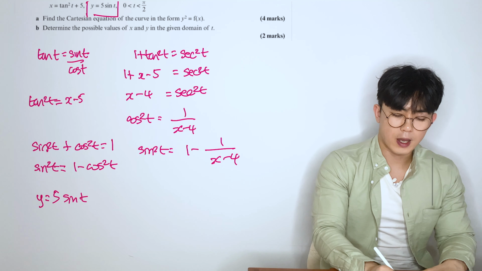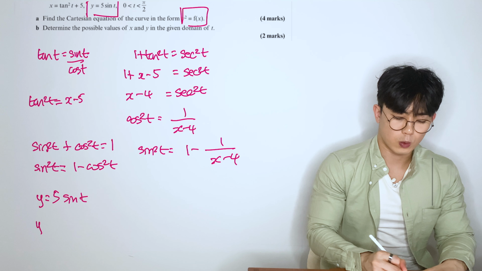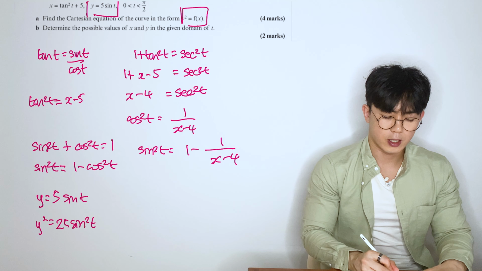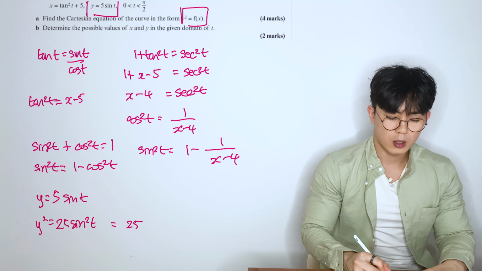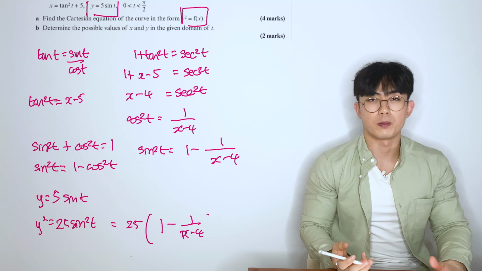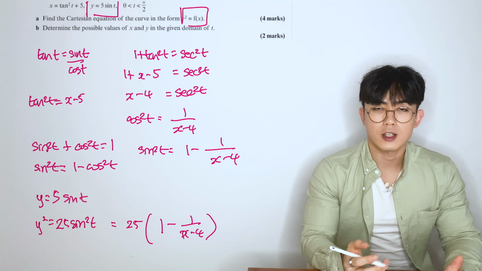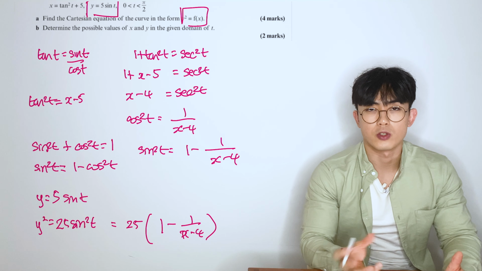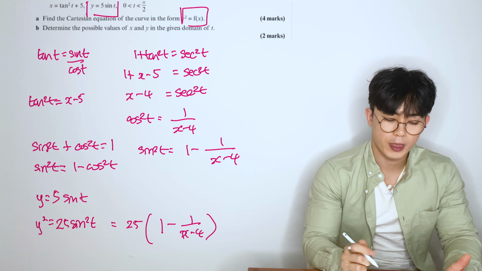And because they want y squared, you can say that y squared is 25 sine squared t. And because we found sine squared t already, this is going to be equal to 25 times 1 minus 1 over x minus 4. So this here will be the Cartesian equation. As you can see, I've used an identity to make sure that I can substitute those two parametric equations together.